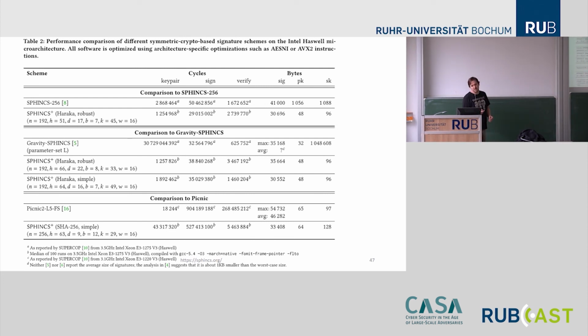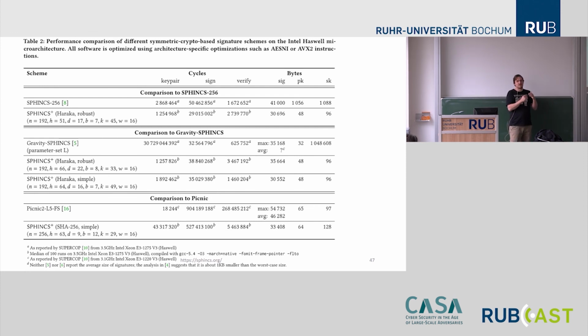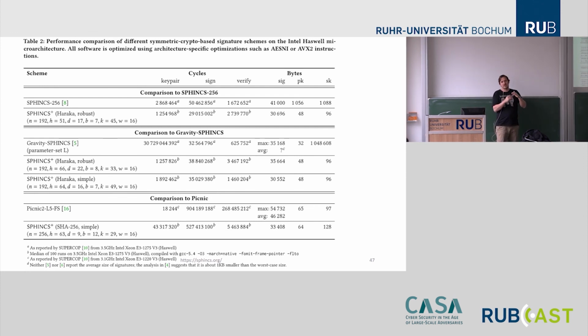On the other hand, Picnic really crucially relies on LowMC, which is a low multiplicative complexity block cipher, which they use as one-way function in their construction. And if they would use something like AES, there was a paper recently which showed it's not totally dramatic for the signature size and runtime, but this would significantly harm them.